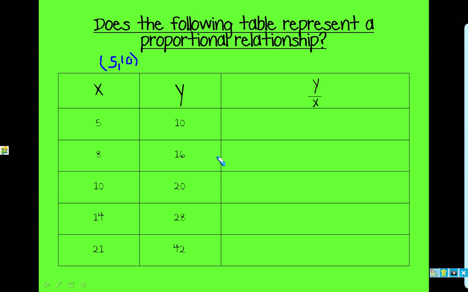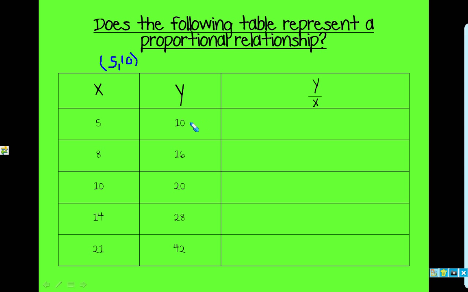Now to find out if this is a proportional relationship, for all of these coordinates, we can figure out the value of y over x, y divided by x. If they are all the same value, that constant value, then they represent a proportional relationship. And when you draw it on the graph, you will see that it is a straight line and they go through the point (0, 0) if you keep drawing it.